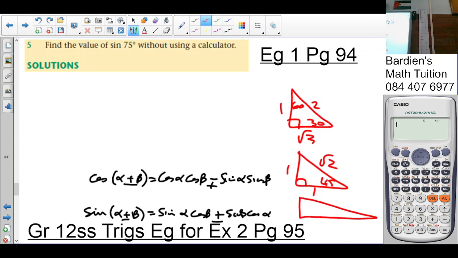And the one that is not a triangle, I know it's not a triangle, but it works for what we're looking at here. This is 0, 1, 1. Okay. Those are the special angles. So, how can you link 75 to any of those special angles?